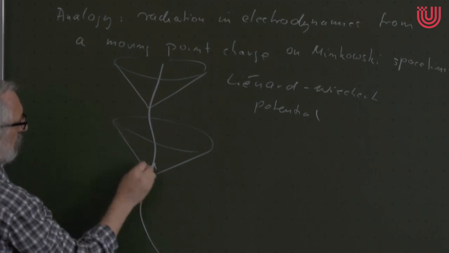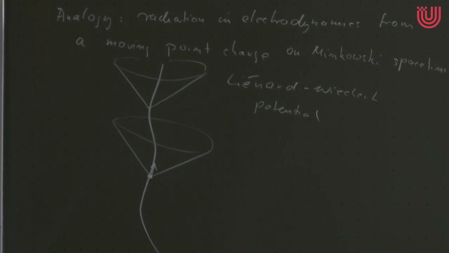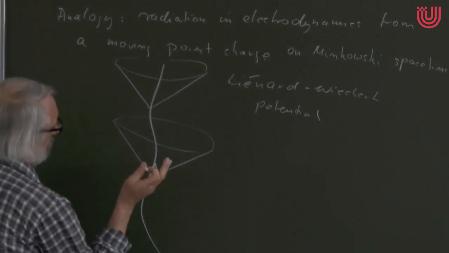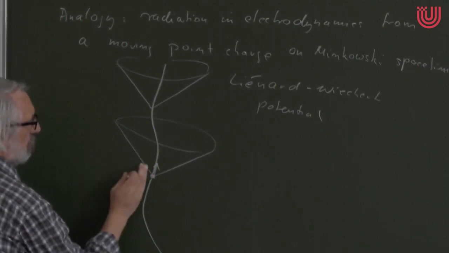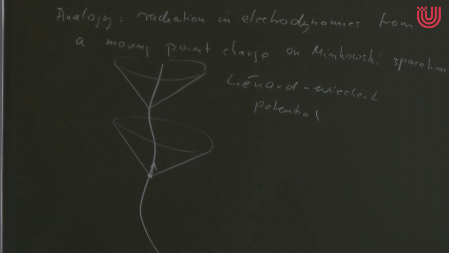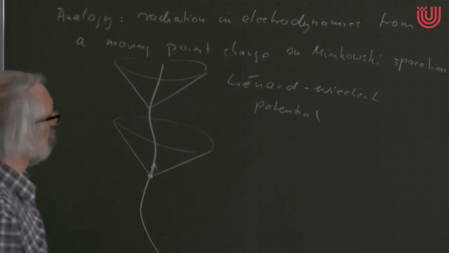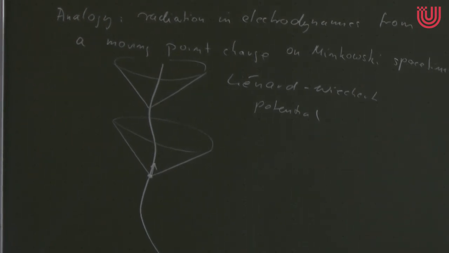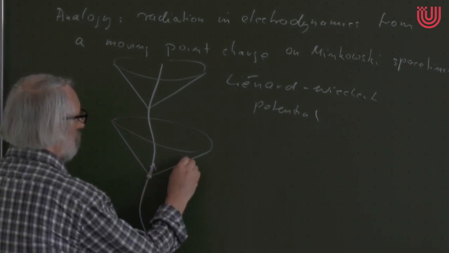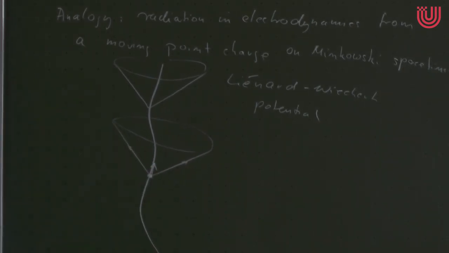So you construct on this light cone the Coulomb field, which falls off with 1 over r, the potential falls off with 1 over r, and then you add something which is sometimes called the Larmor term, which takes into account the acceleration of the world line. This produces a radiation field which falls off faster than the Coulomb field. And the combination of the two things, of the Coulomb field and of the radiation field, that's called the Liénard-Wiechert potential. And the essential thing is that these fields are constructed on these light cones. So for each point you construct the light cone, and then you write down this potential on the light cone.